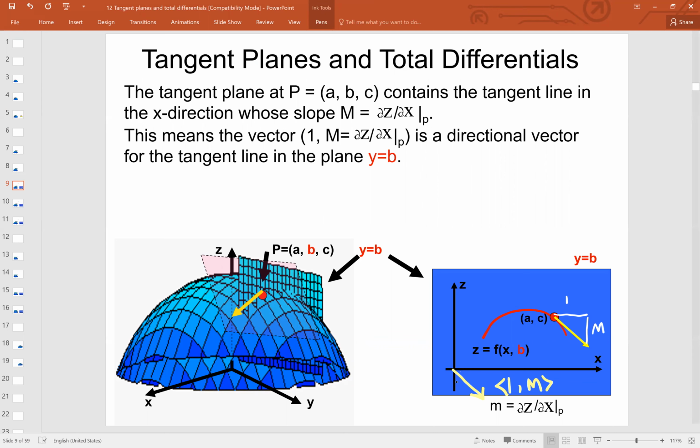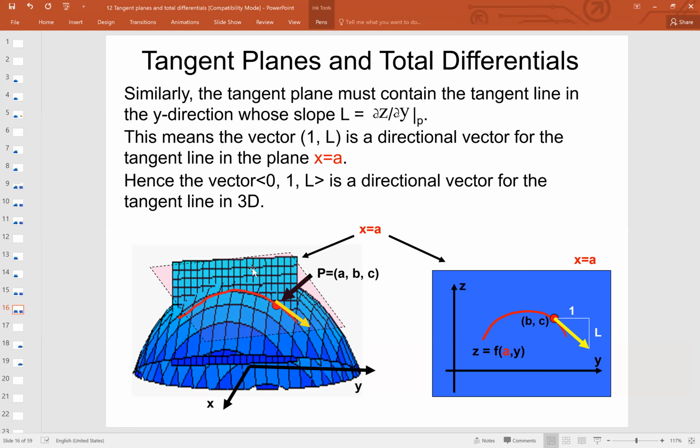Similarly, in the y direction, we have the partial derivative; suppose partial y is equal to L, then similarly the vector 0, 1, L is the directional vector for the tangent line.